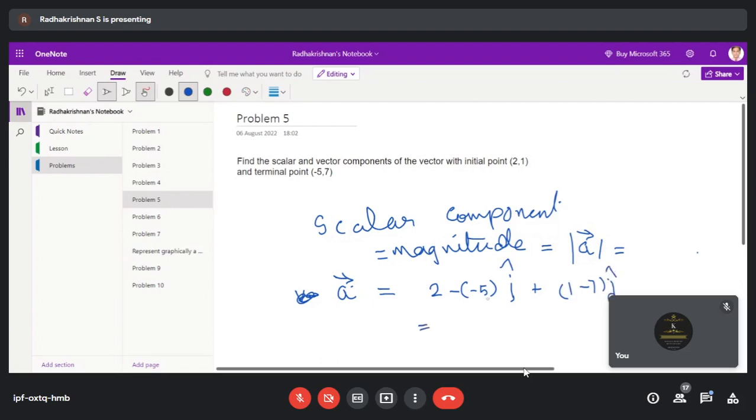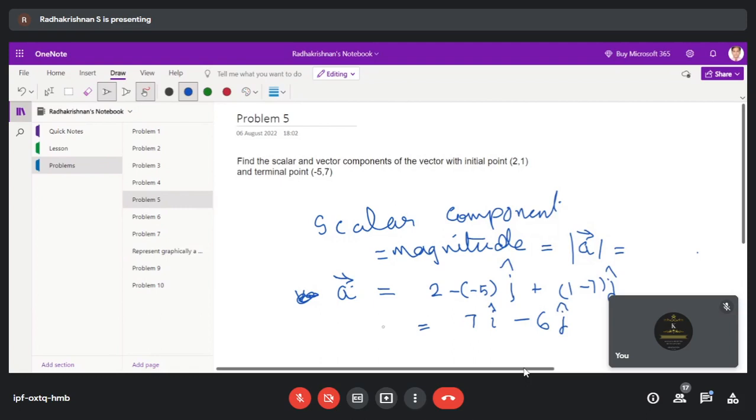So 2 minus 5 is 7i, and 1 minus 7 is 6j. So this is the vector joining these 2 points.